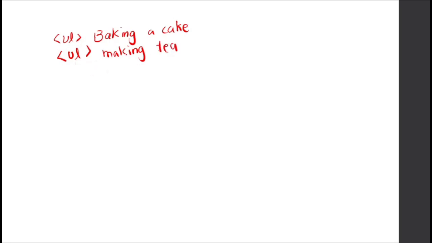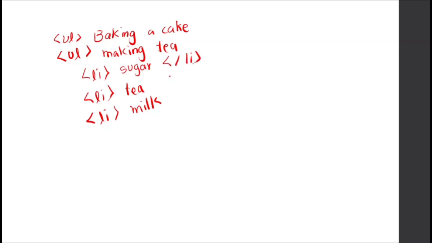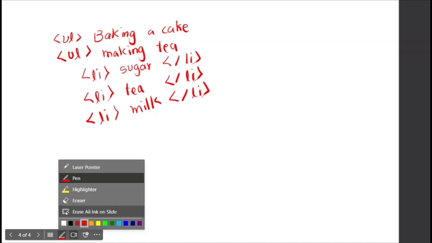Within this UL for making tea there is one li, a second li and a third li. For making tea we need sugar, tea and milk, and then the closing tag. So these were some common examples of nesting.